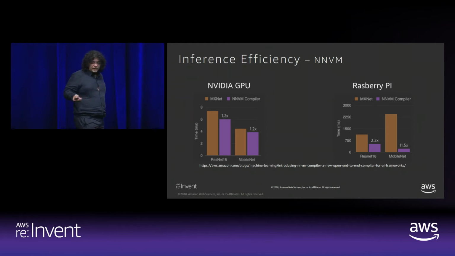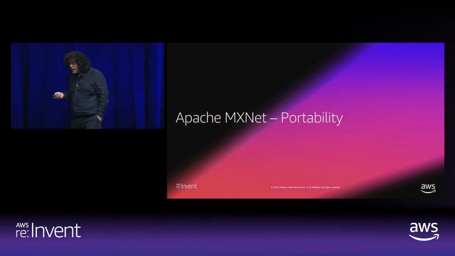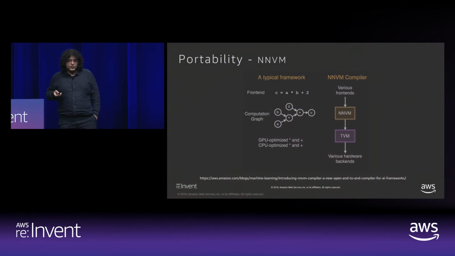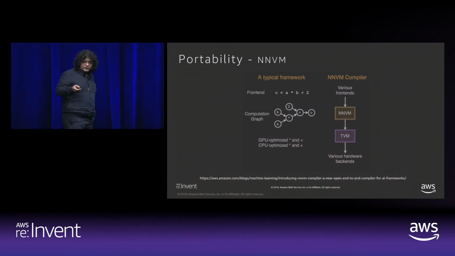Then there is portability. It doesn't end here. You don't want to be locked into a model artifact or into certain hardware, so we should think about portability. Again, through NNVM, we have developed that. You have a computational graph, and with an abstraction layer through NNVM, through the compiler, you can move across different sorts of hardware.